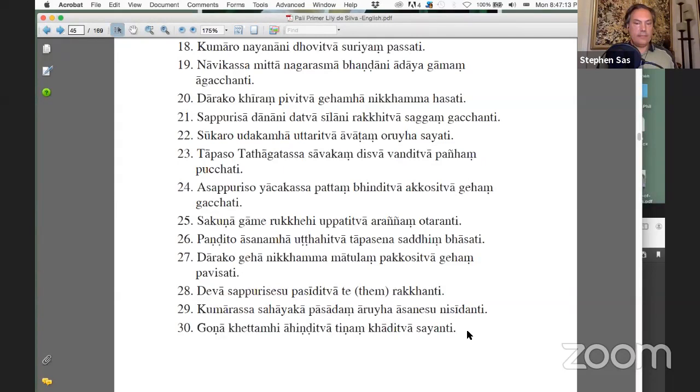The object is Geham: the child enters the house. And we have two absolutives here. Geha Nikama is leaving the house. Matulam Patkotiswa is calling the uncle. So the whole sentence is: leaving the house and calling the uncle, the child enters the house. Exactly. Very good. Thank you. I think that's exactly right.